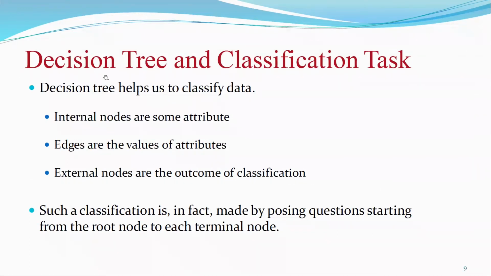So let's talk about the classification task involving the decision tree. Our decision tree helps us to classify data. Internal nodes are attributes, edges are the values of attributes, and the external nodes are the outcome of classification. Such a classification is made by posing questions, starting from the root node to each terminal node.